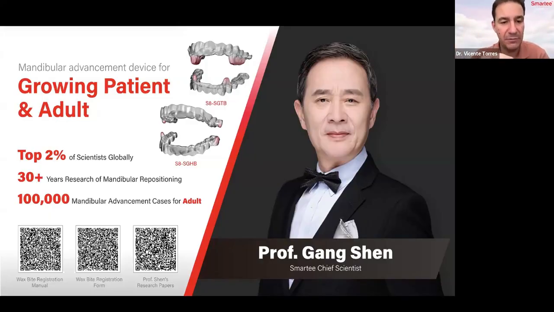In the lower part of the screen you have three different QR codes. For me the most important is the one on the right, the Professor's research papers. Of course all three are important, but there you have all the information from the articles published by Professor Gang Shen during the last 26-27 years, with science and clinical cases, showing how you can correct Class 2 malocclusion.